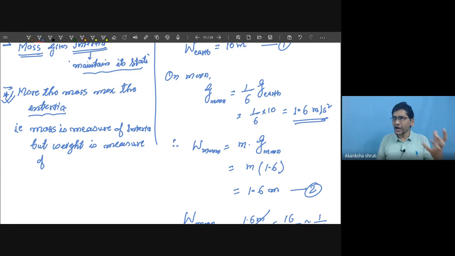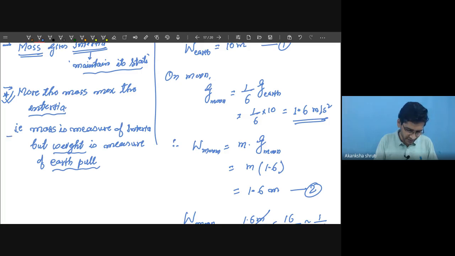Weight is the measure of earth pull, student, or the measure of the force exerted by the earth over the object. We are considering the object on earth, therefore we are considering the earth pull. If we are going to the moon, then the pull of the moon.